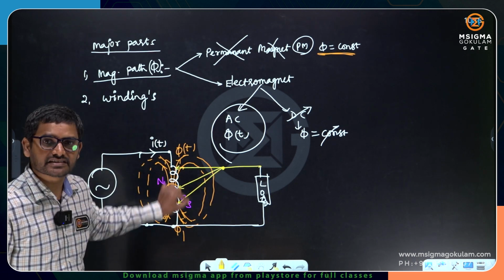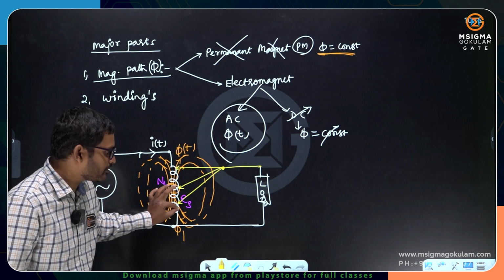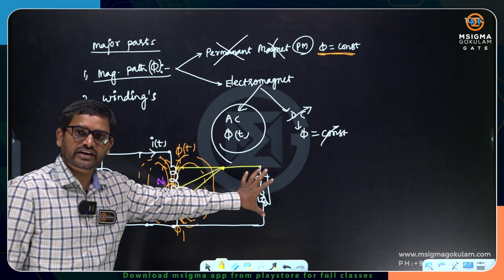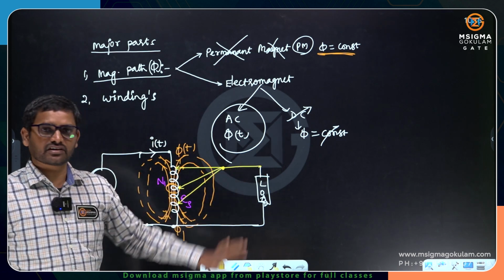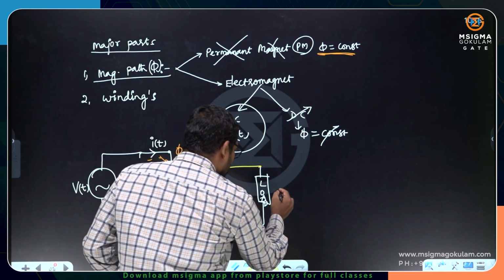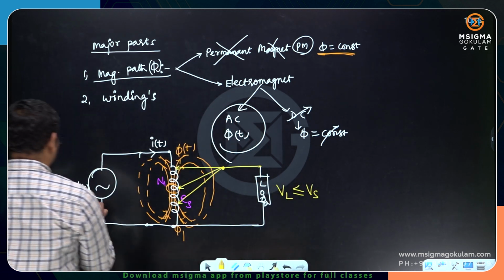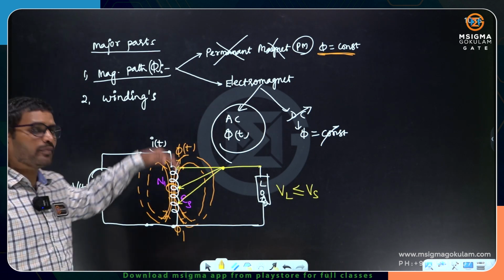So these are tappings. If you put the tapping at the minimum, the voltage across the load is minimum. If you increase the tapping, the voltage across the load increases. At maximum, the voltage across the load is equal to the supply voltage. You cannot go beyond that.